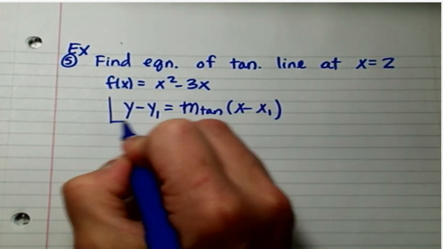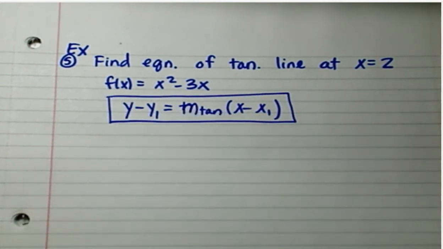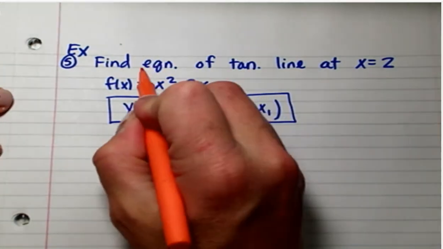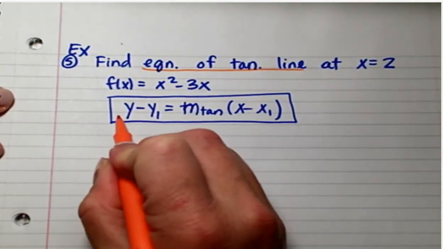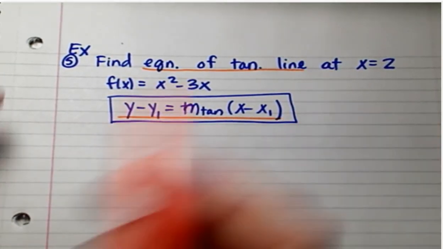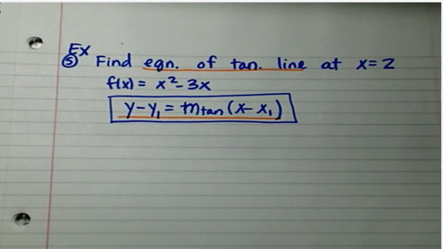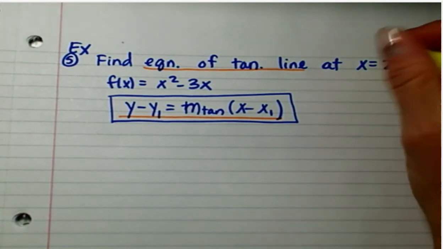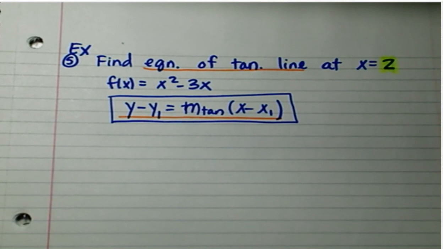Right, that's just my formula. Just writing it down. That's the equation of a tangent line. I decided what my answer is supposed to be: the equation of a tangent line. Okay? So there's the calculus part. Equation of a tangent line is this. Okay? I know that x equals 2. That's the only thing I know.